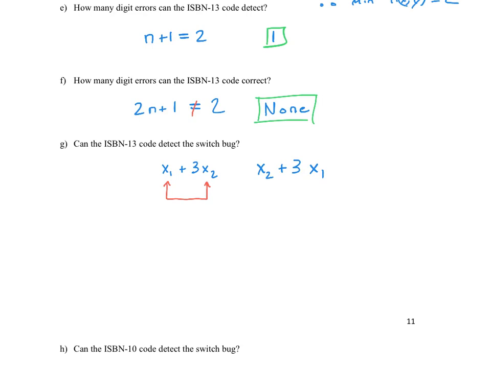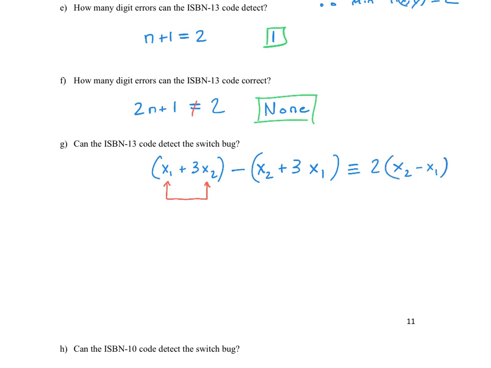So what I'd like to do here is take a difference between these two expressions. If we take that difference, then we're going to think about, is it possible for this difference to be 0 in mod 10? So taking the difference, we get 2x2 minus 2x1.